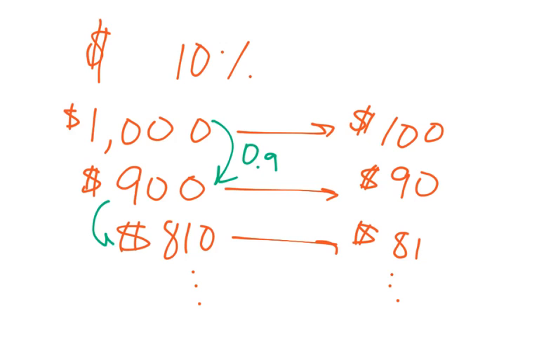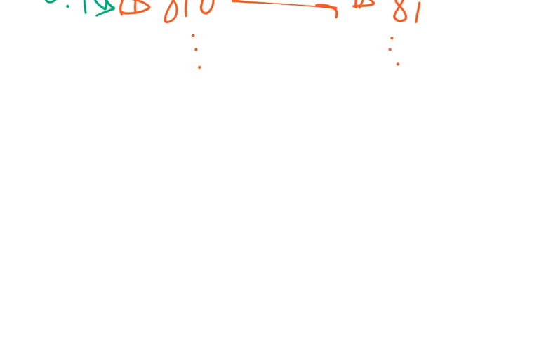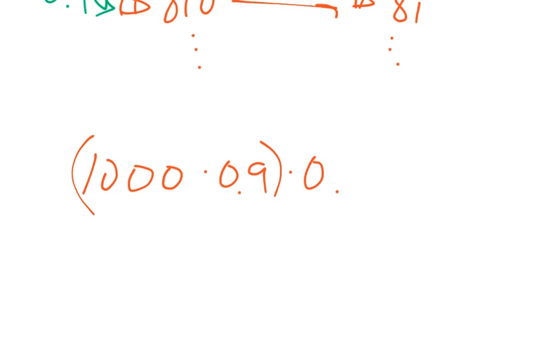And then from here to here, I'm again going down by 90%. So it's like I have that starting number of 1,000, and I'm multiplying it by 9/10. And then my result, I am again multiplying by 9/10. And that result by 9/10 for a long time.